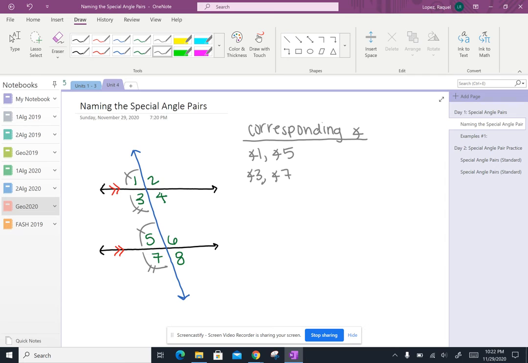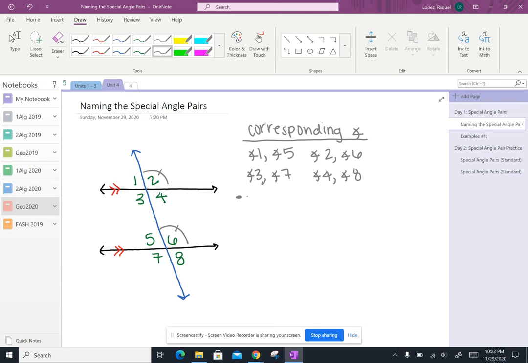And then we can even go on the other side of the transversal and do the same. One thing that I want you guys to notice is that corresponding angles have one angle on the exterior region and one angle on the interior region. So we've got angle 2 and angle 6, and then our last pair is angle 4 and angle 8.